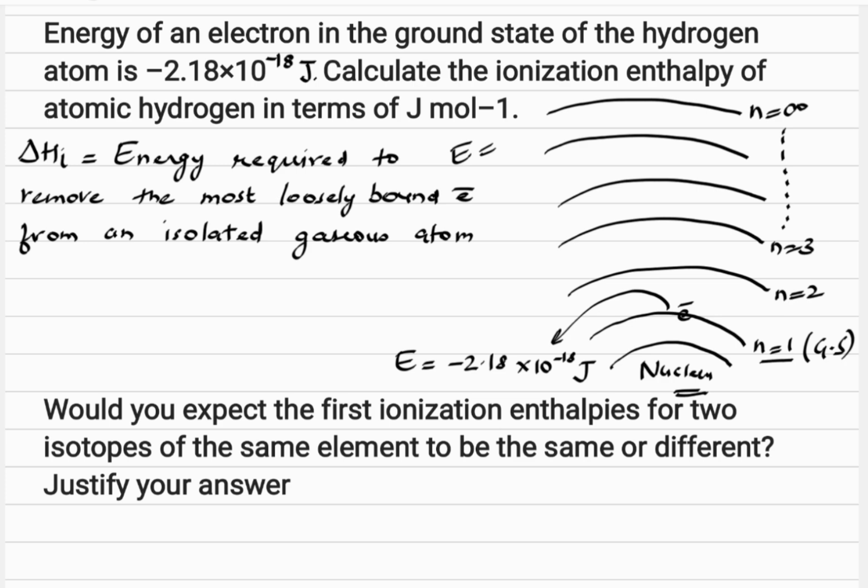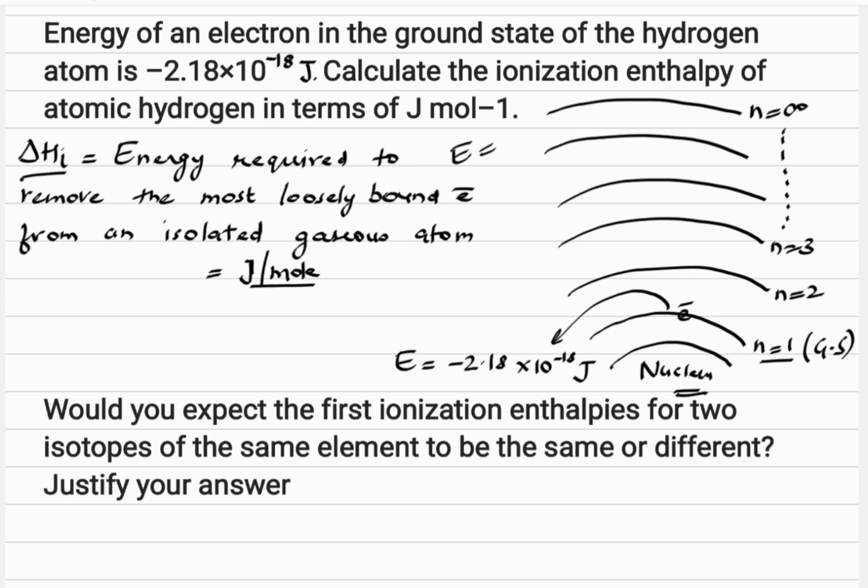Now, to be able to answer this question, you need to know what ionization enthalpy is. Ionization enthalpy is the energy required to remove the most loosely bound electron from an isolated gaseous atom. It's measured in kilojoules or joules, but per mole.